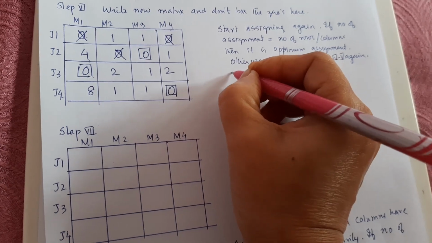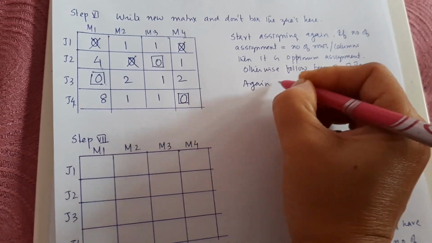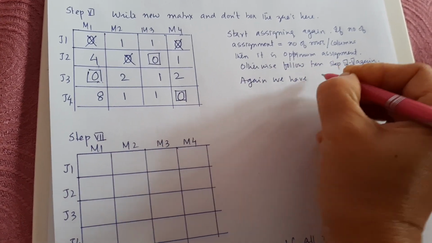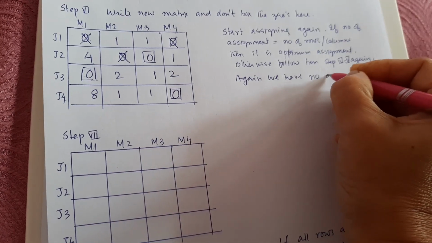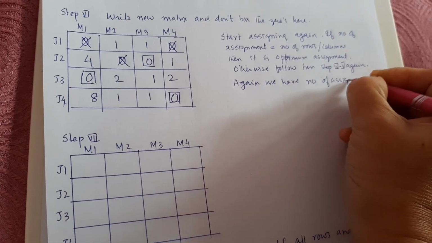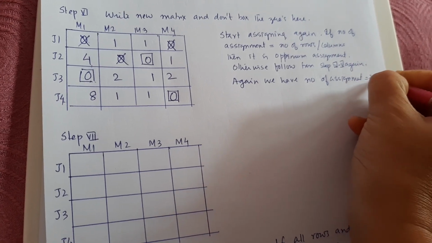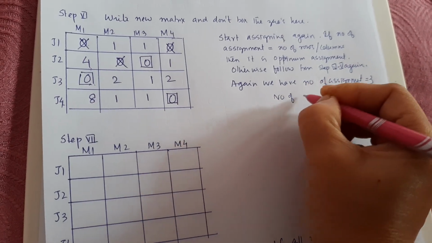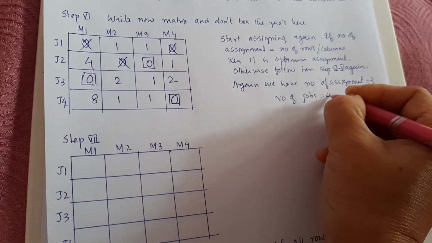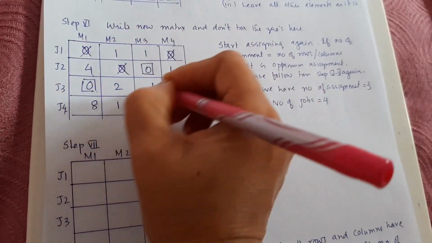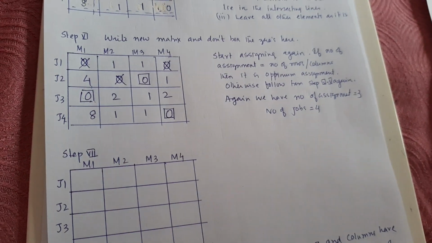Again you see, we have the number of assignments equal to 3, but the number of jobs equal to 4. So this is also not optimal. This table also doesn't give you any optimal solution. Okay.